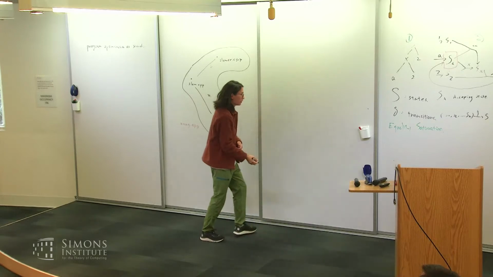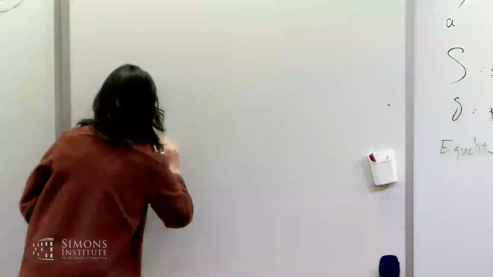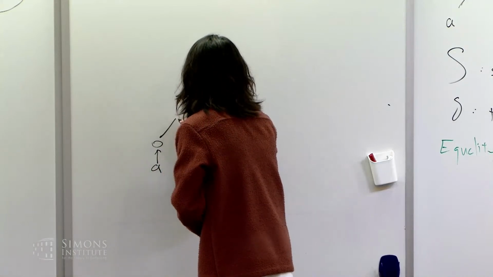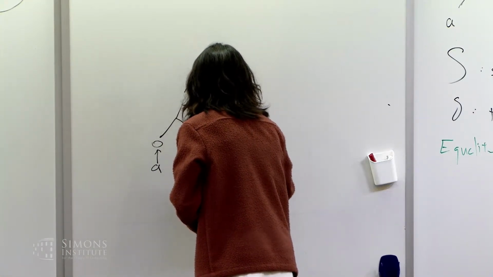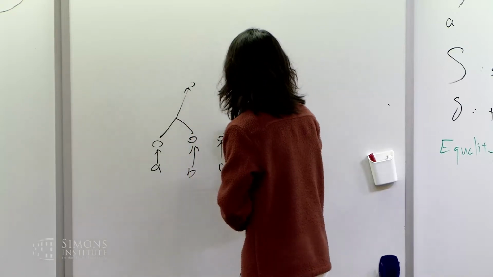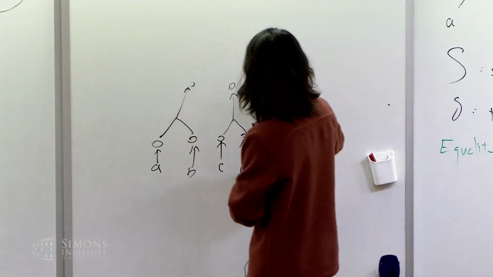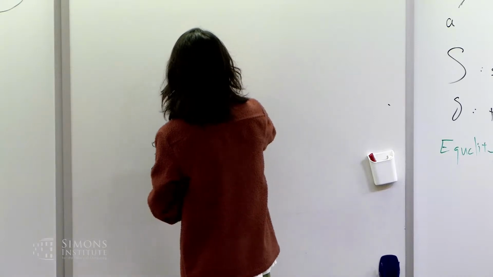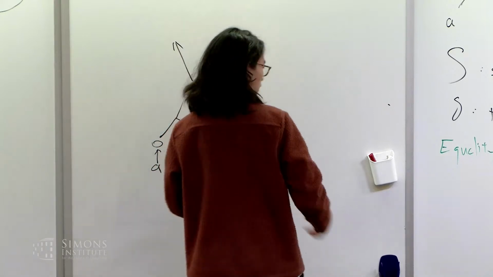I'm going to go bottom up because it's a little more intuitive. So say we have A. And I'll leave out the symbols because they're not very important. And then the key is that we want to find some kind of sharing. Right? So, it's going to be a branch.